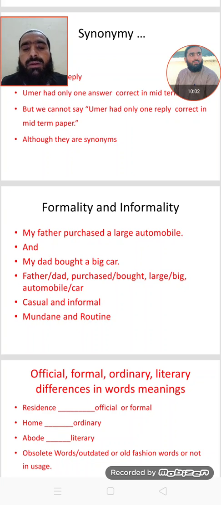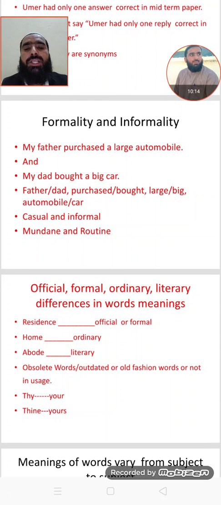Another feature is formality and informality. Yes, it's a matter of fact that some words are very formal and some words are very informal in nature. For example, my father purchased a large automobile, and my dad bought a big car.